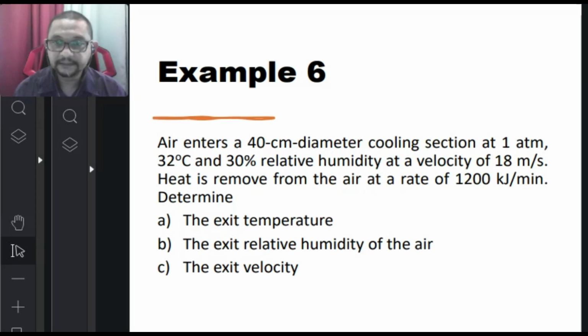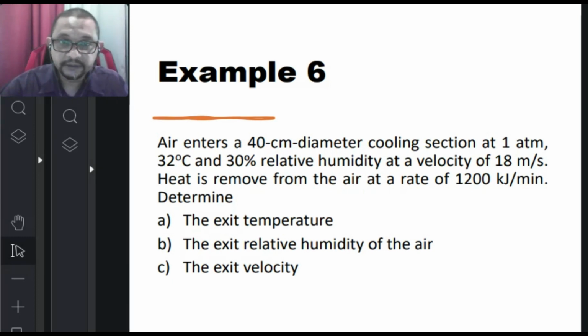Heat is removed from the air at a rate of 1200 kilojoule per minute. Determine A, the exit temperature, B, the exit relative humidity of the air, and C, the exit velocity.